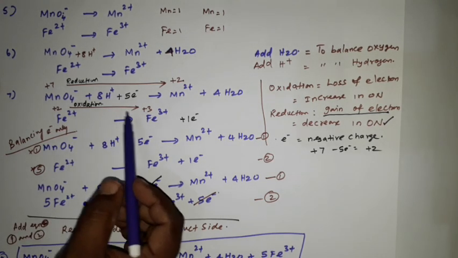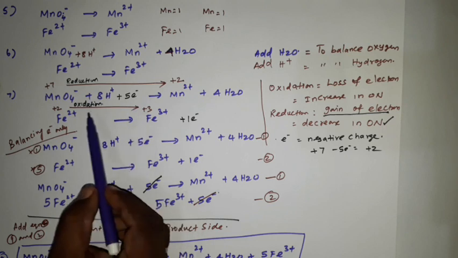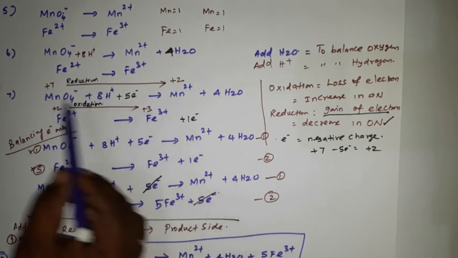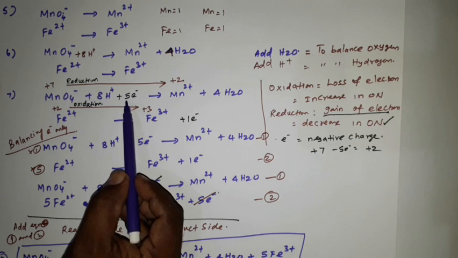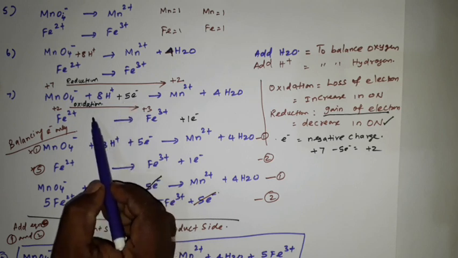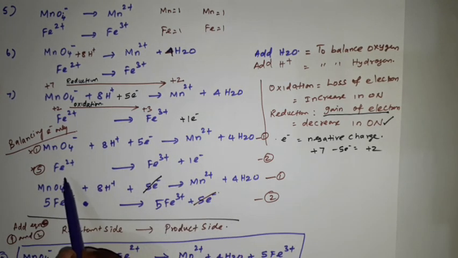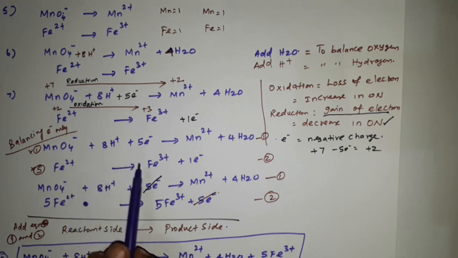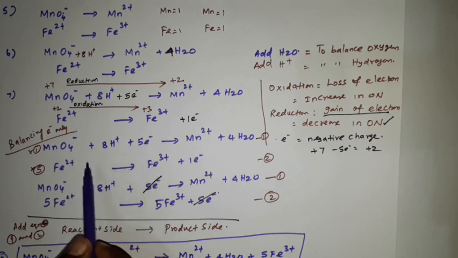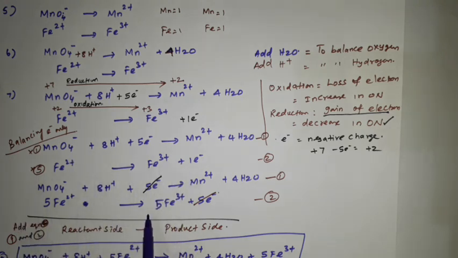According to the oxidation reduction definition, for iron 1 electron is lost, and for manganese 5 electrons are gained. Whenever you are writing gain, write on the reactant side, and if electron is lost, write on the product side. You are going to balance electrons only. Whichever side has the higher number, put appropriate numbers, then multiply, and you will get the balanced equation. Then finally cancel on both sides the components which are equal.